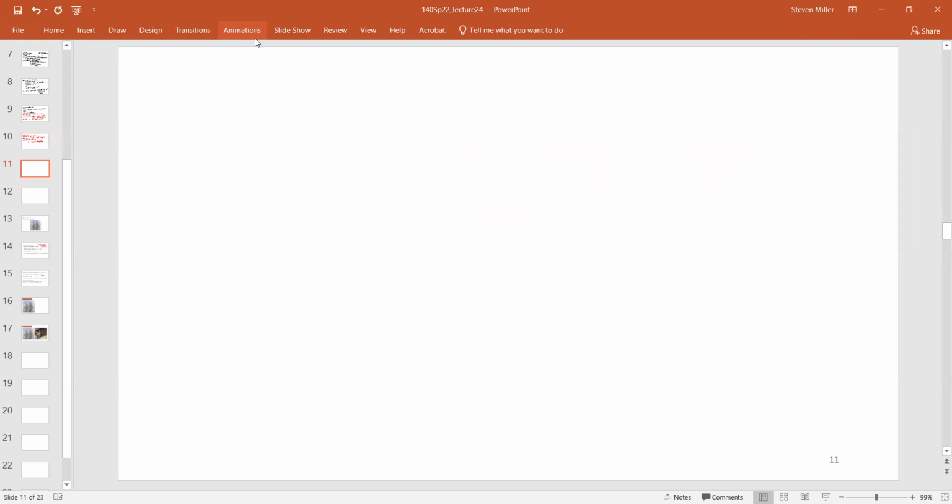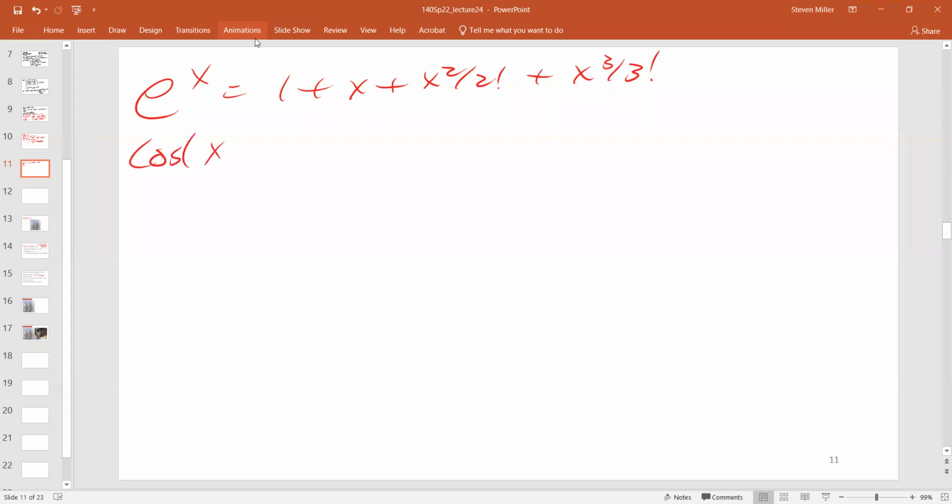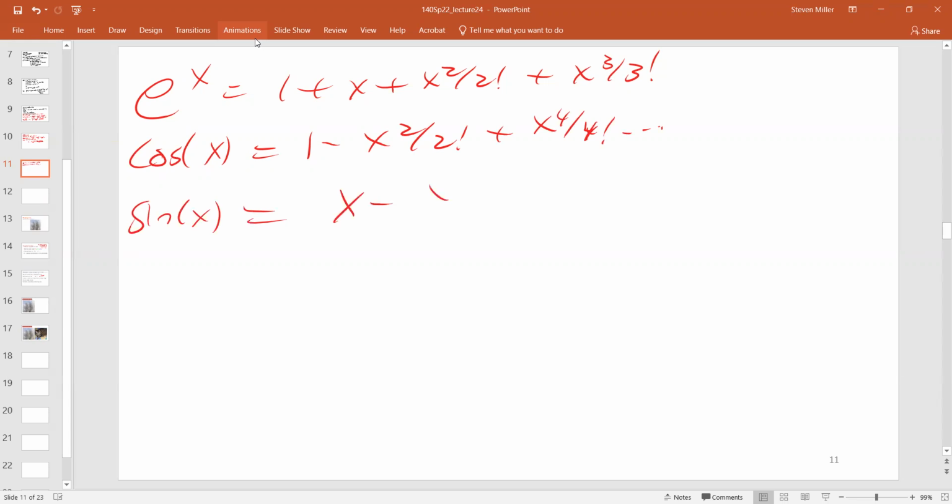So we've got a few moments, so I'll just write, e to the x is 1 plus x plus x squared over 2 factorial plus x cubed over 3 factorial. We've done cosine of x so many times, 1 minus x squared over 2 factorial plus x to the 4th over 4 factorial. Sine of x is x minus x cubed over 3 factorial plus x to the 5th over 5 factorial.